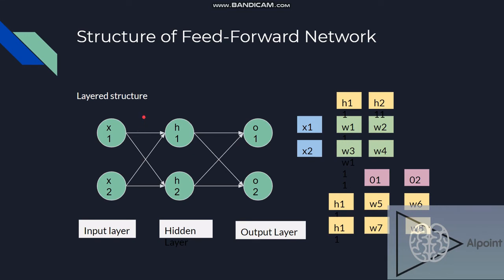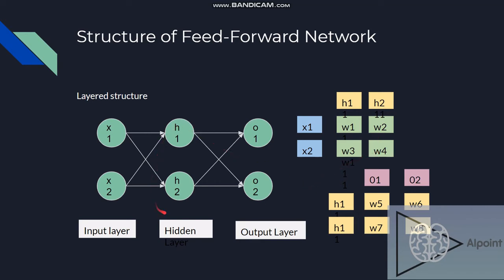Weights are the expression which tells us about the relevancy, the most precedence, of the input data. So the most relevant data will get higher weights associated with it. Let us suppose x1 to h1, w1 is the weight associated with it, x1 to h2, w2, x2 to h1, w3, and x2 to h2, w4.